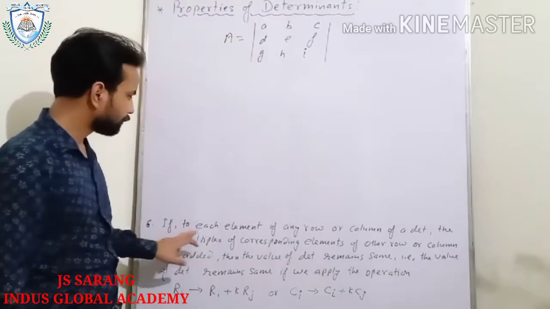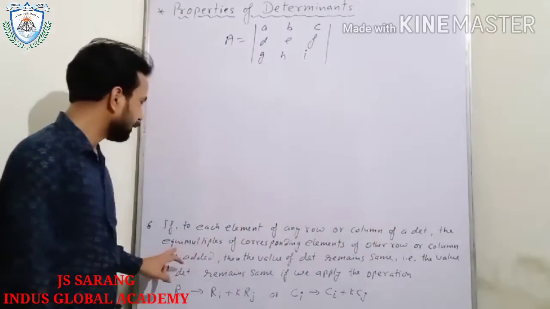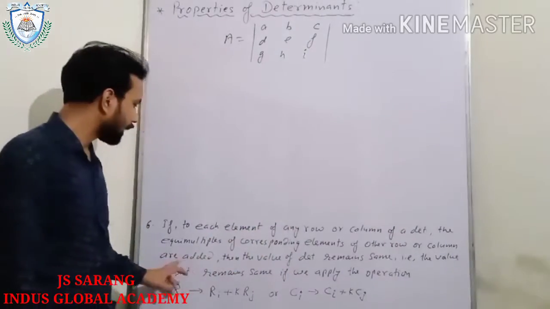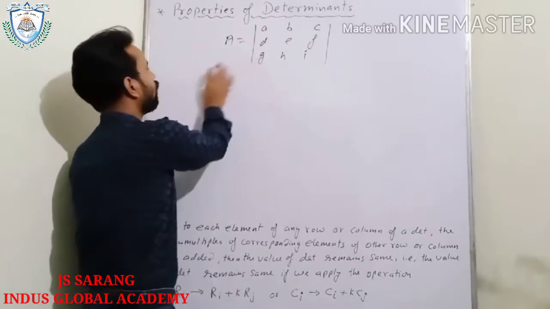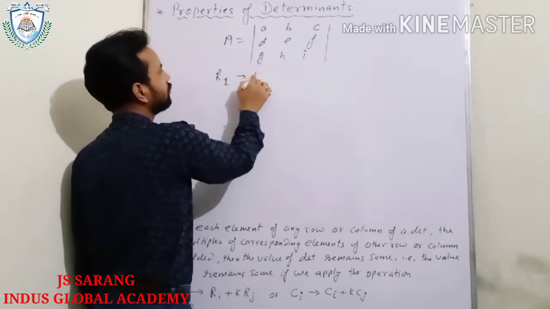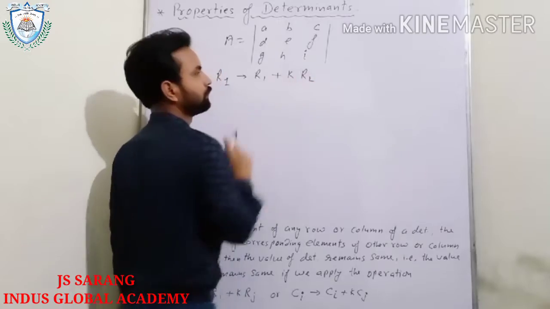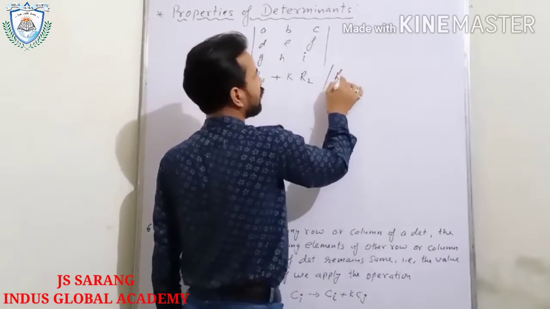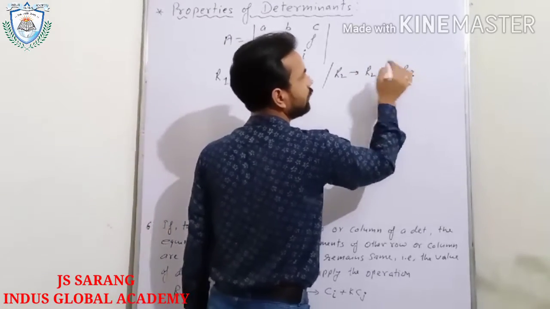So if to each element of any row or column the equimultiples of corresponding elements of another row or column are added, in general we can put an operation here, for example, R1 tends to R1 plus K R2. Clear? Or this operation can be R2 tends to R2 plus K R3.